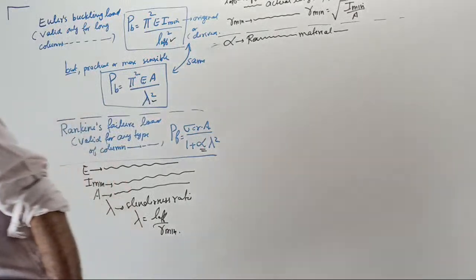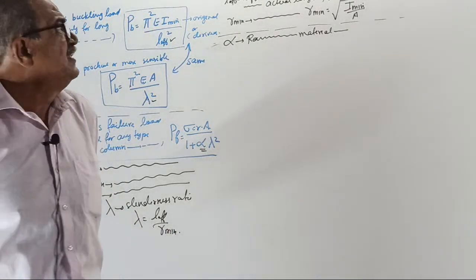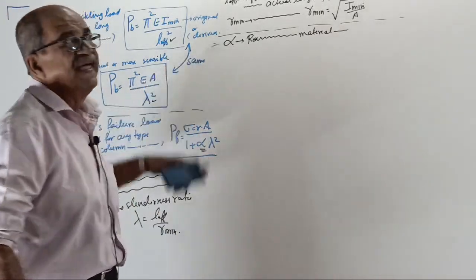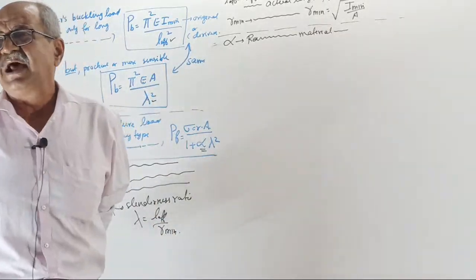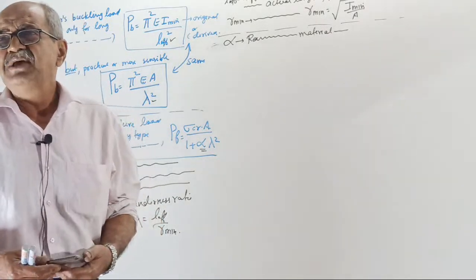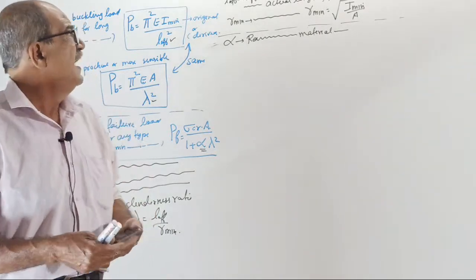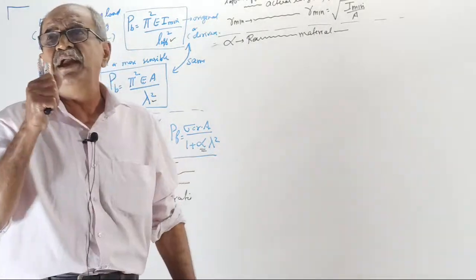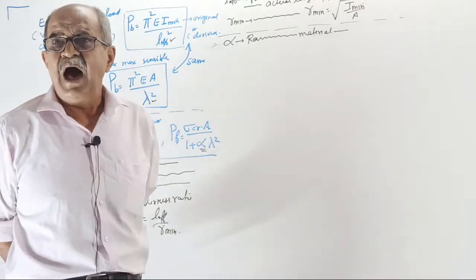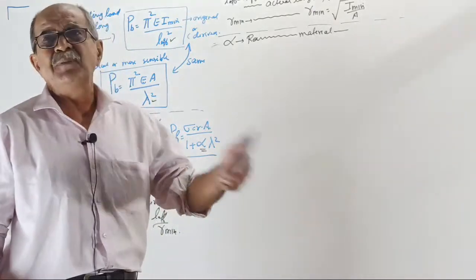I feel that they will correct it by taking L instead of L effective, but it is utter nonsense. When you derive, alpha is sigma CR by pi square E. That is a material constant. Why should they introduce end conditions for alpha? It is completely nonsense. If they come in front of me, I will prove it to them.